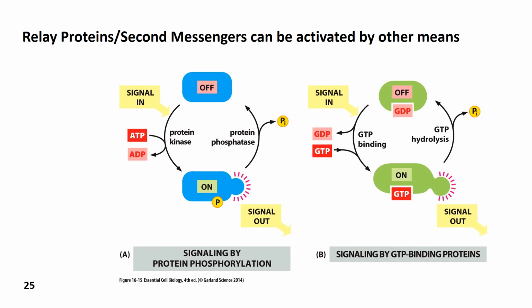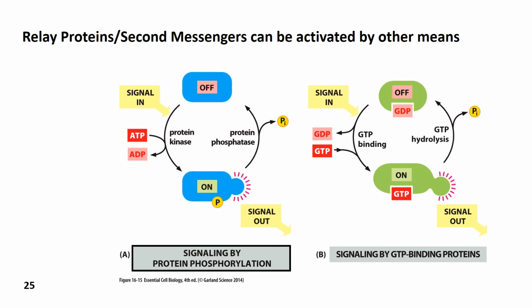Relay proteins aren't only activated by molecular binding. I just want to remind you that there are a couple of other ways that we can activate proteins. One of those is by phosphorylation, and we'll see phosphorylation a lot in these signaling cascades.